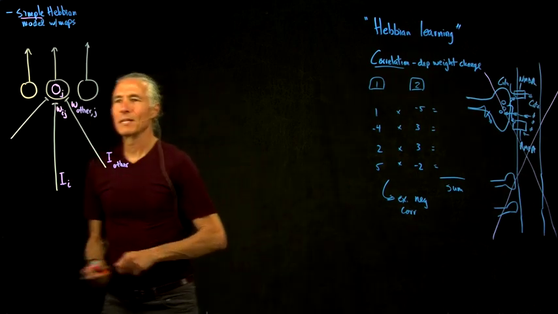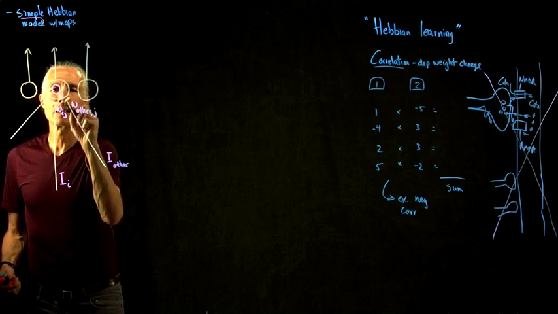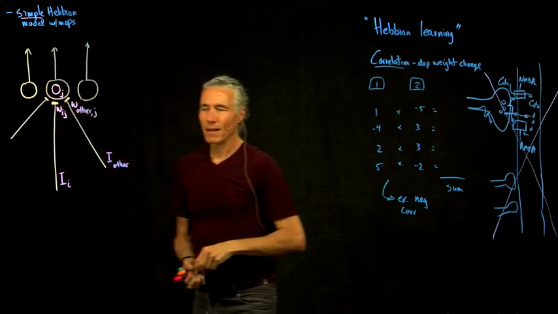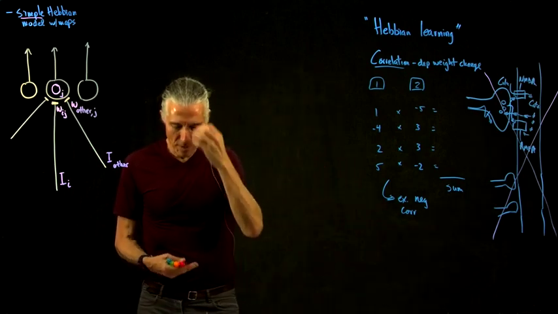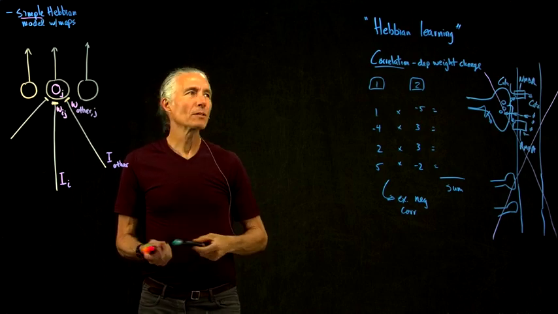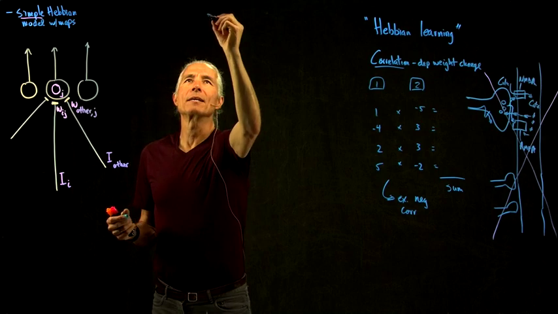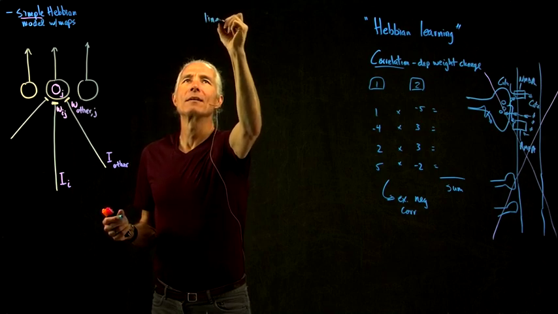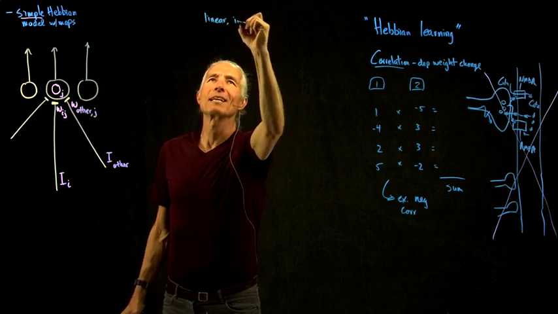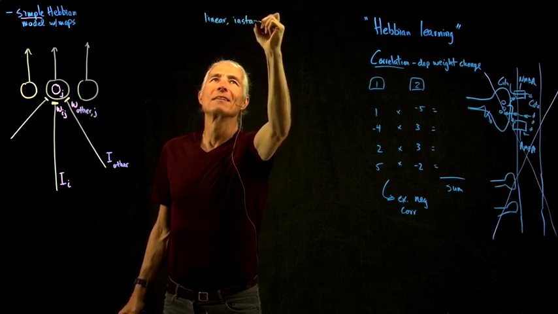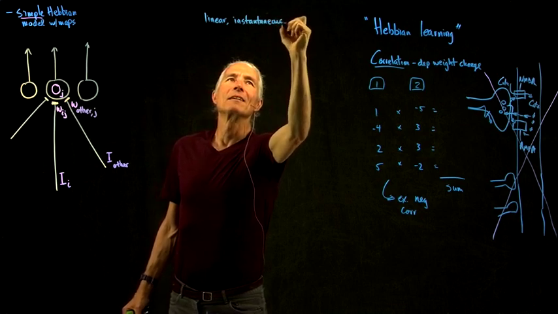But we still have to define how does the network behave? Are there time constants in the network? So the first thing we're going to do is say we have a linear, instantaneous network.